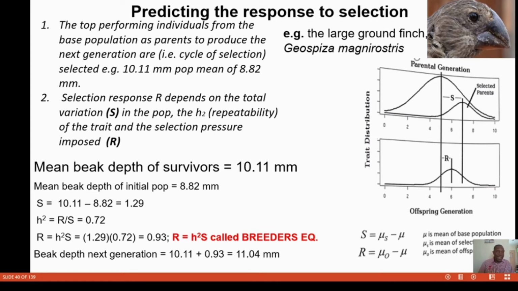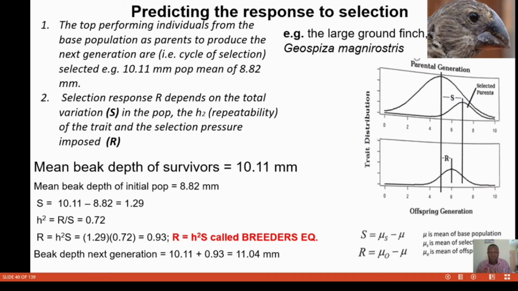Then when we have selected those parents and cross them, we look at the distribution of the variation among the offspring, the babies. That will be a mini set, a bell-shaped distribution of what was selected from the parental generation.